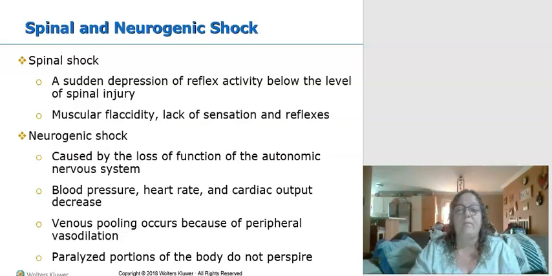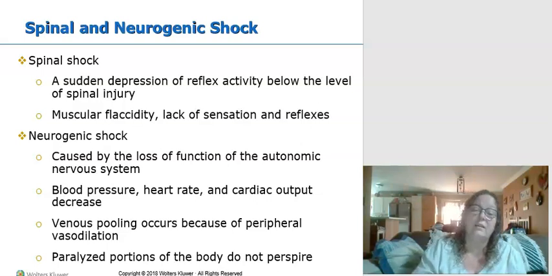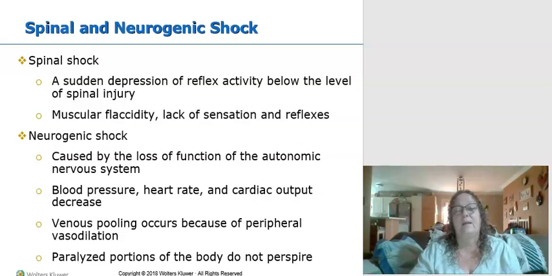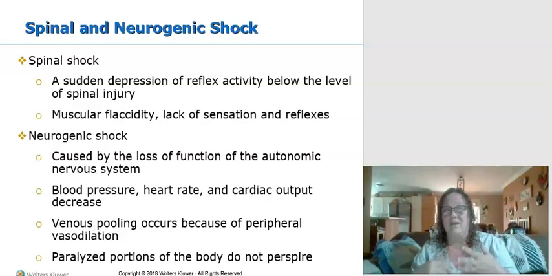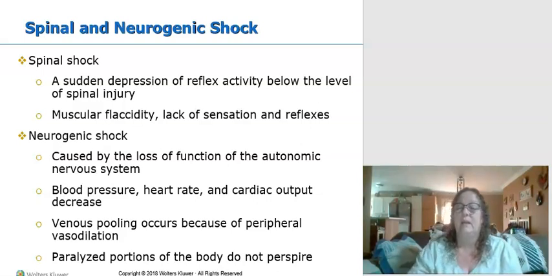Now, neurogenic shock, this is caused by the loss of function of the autonomic nervous system. Remember, this is the part of the nervous system that is responsible for control of the bodily functions that aren't consciously directed, right? These are things we do unconsciously without thinking, such as breathing, heartbeat, and digestive processes.